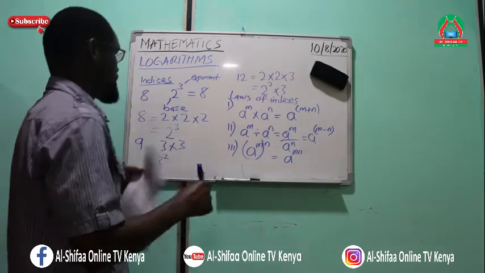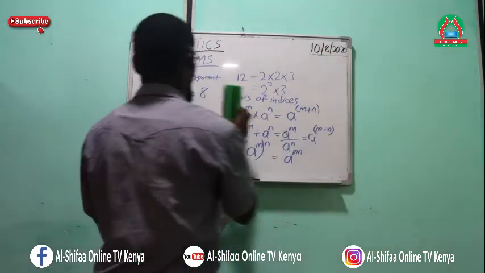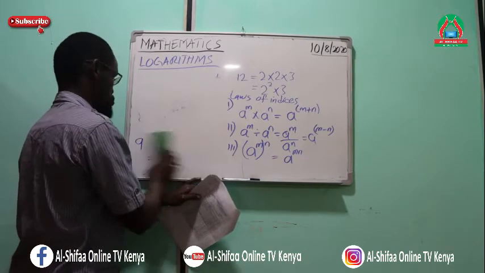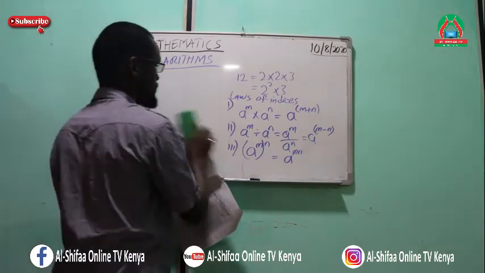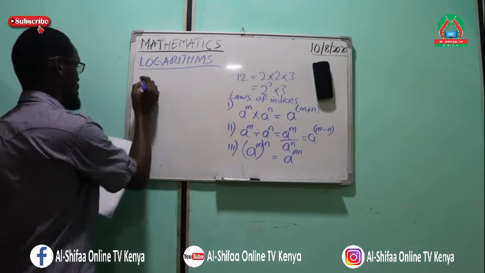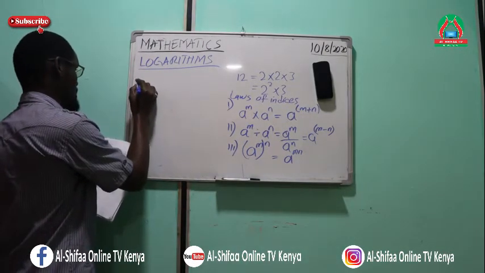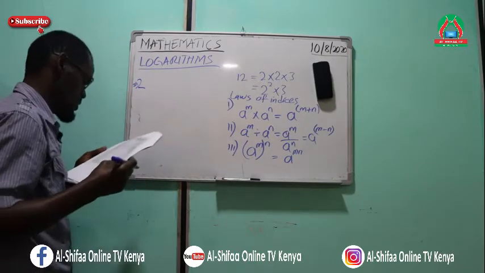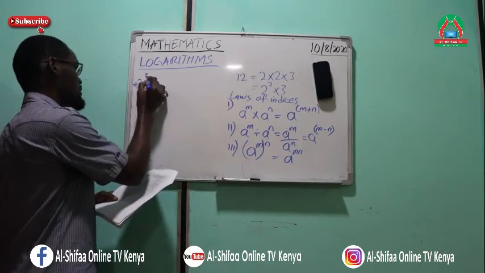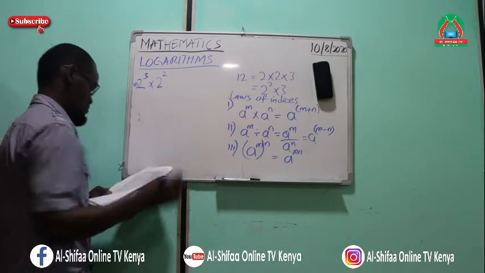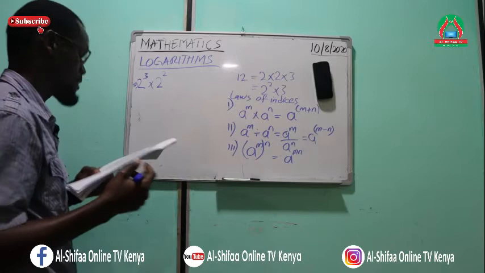For example, we have 2 power 3 multiplied by 2 power 2, and we are told to simplify.